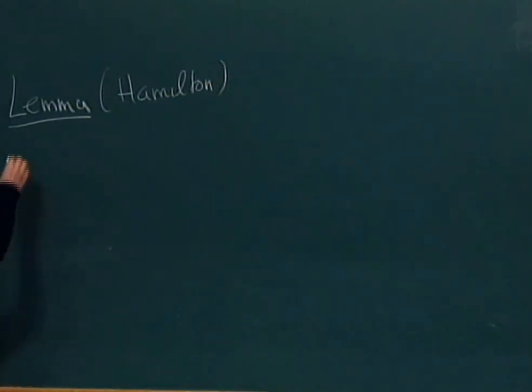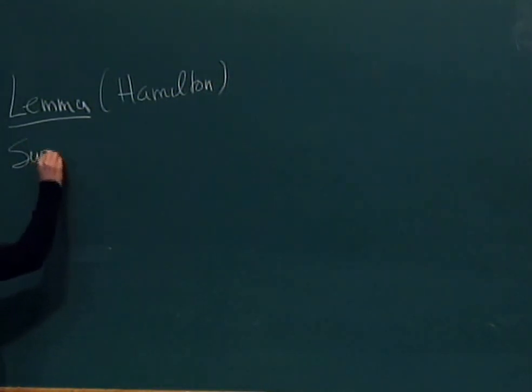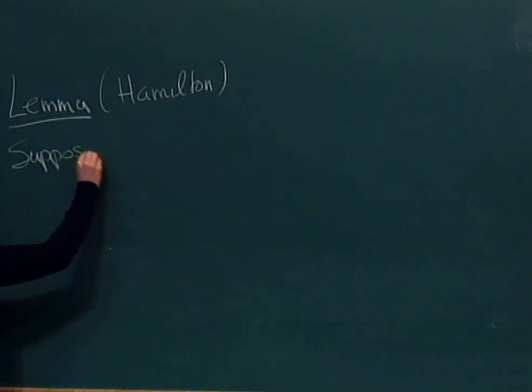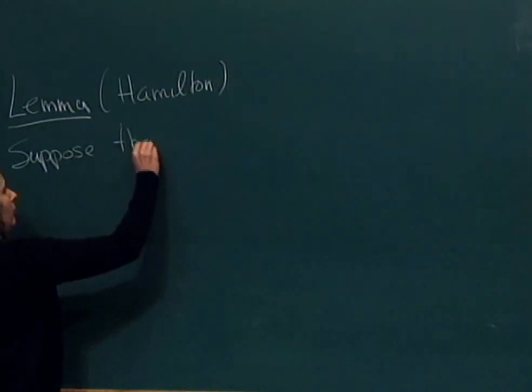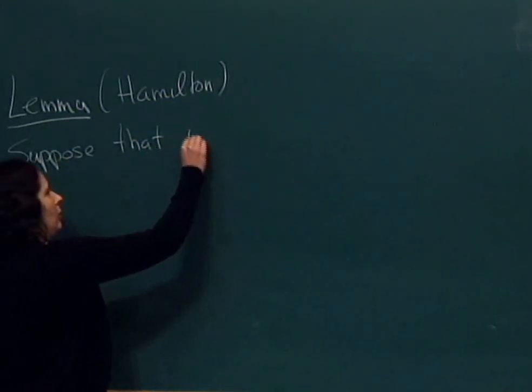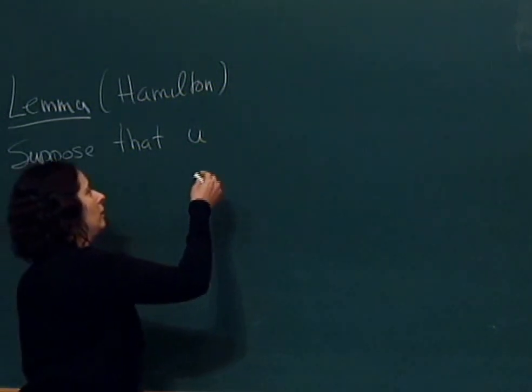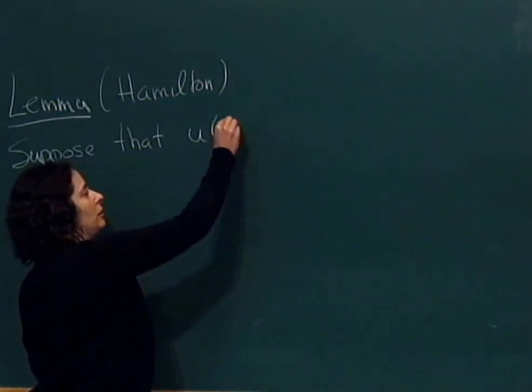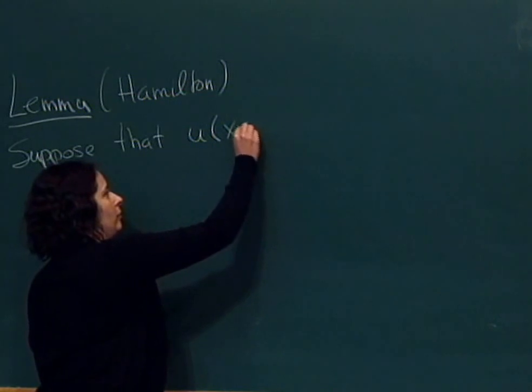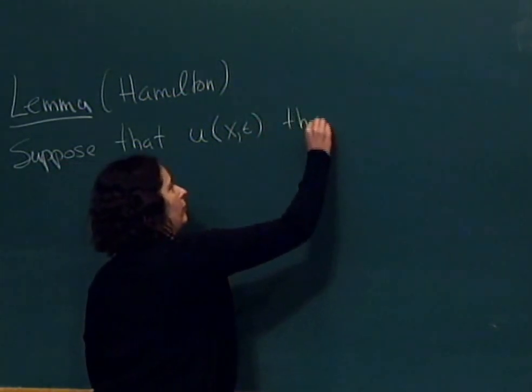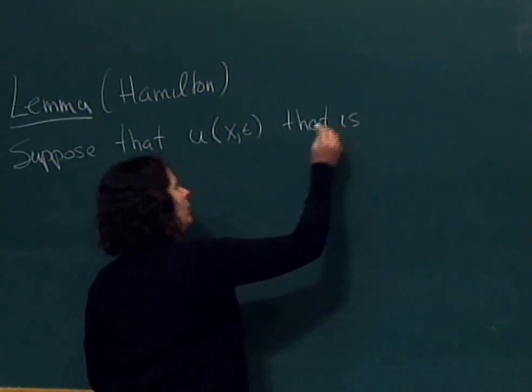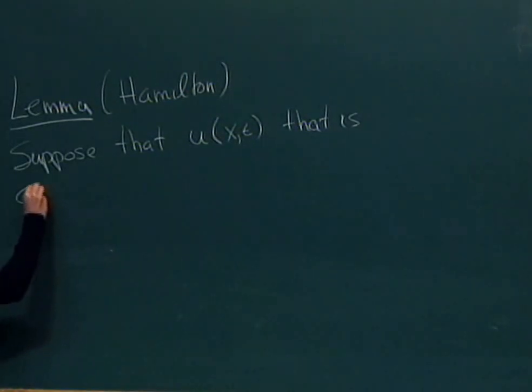So suppose that you have a function that depends on two parameters, x and t, that is C1 in time.